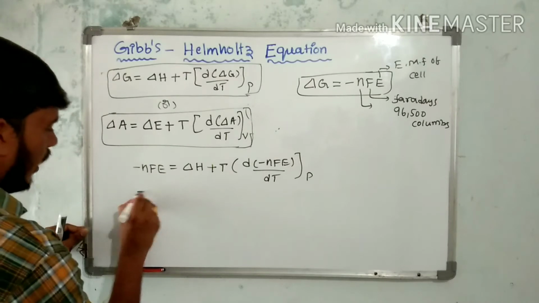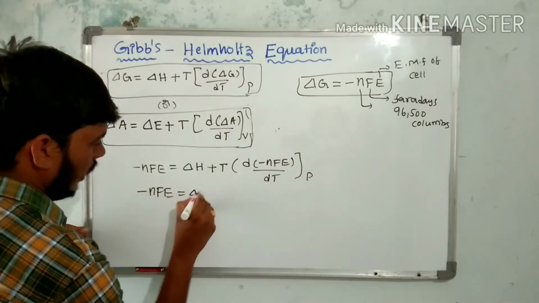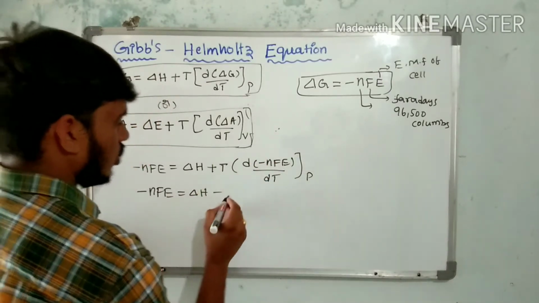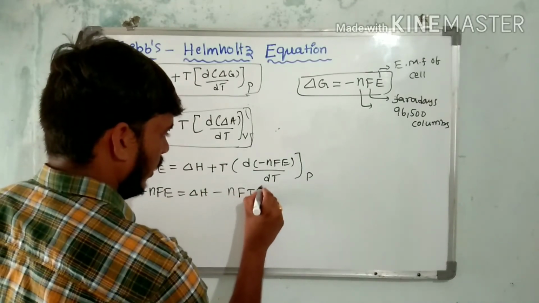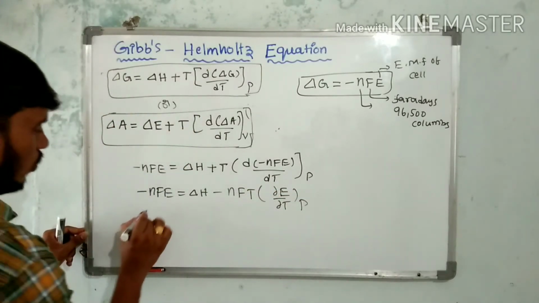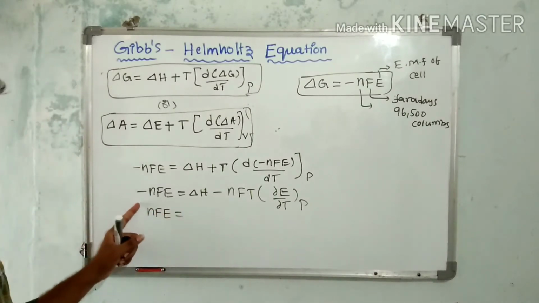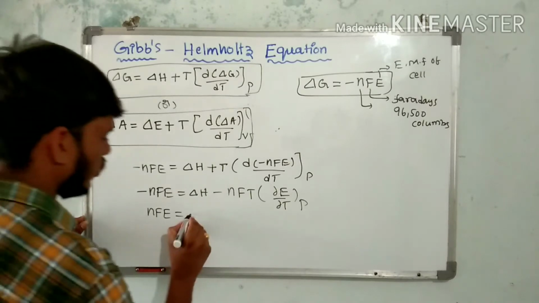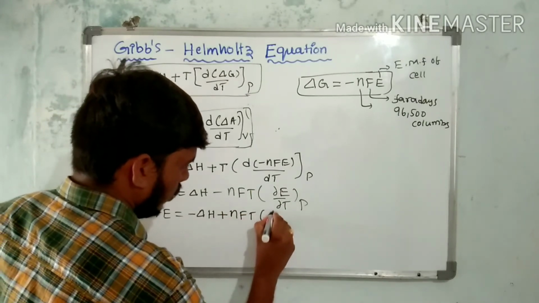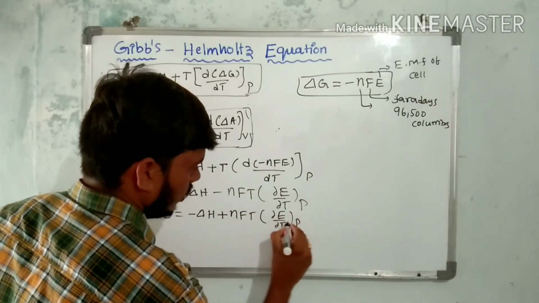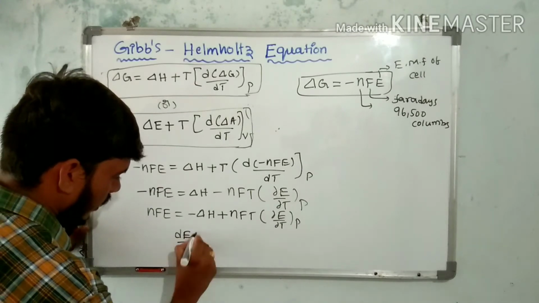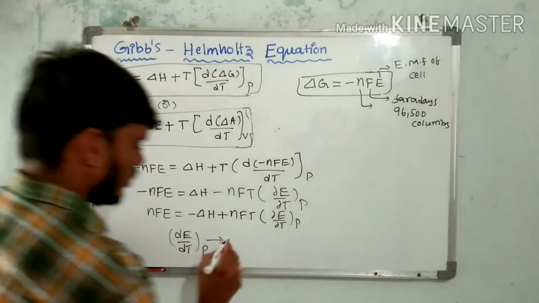Now minus nFE is equal to delta H minus, minus into plus, nFT into dE/dT at constant pressure, since nF is a constant. So nFE is equal to minus delta H plus nFT into dE/dT at constant pressure.